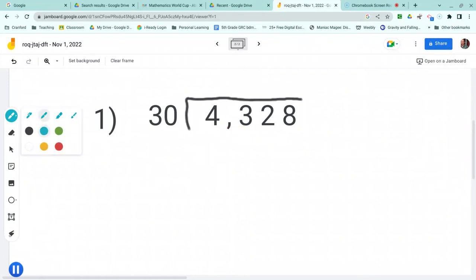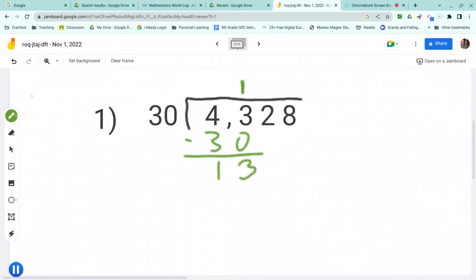We'll take this and we will, let's do green, why not? So 30 goes into 43 one time. And I know that because 1 times 30 is 30, and I can subtract. So as we do this division, you will notice the same pattern no matter how many numbers you deal with. 1 times 30 is 30. Let's check this.